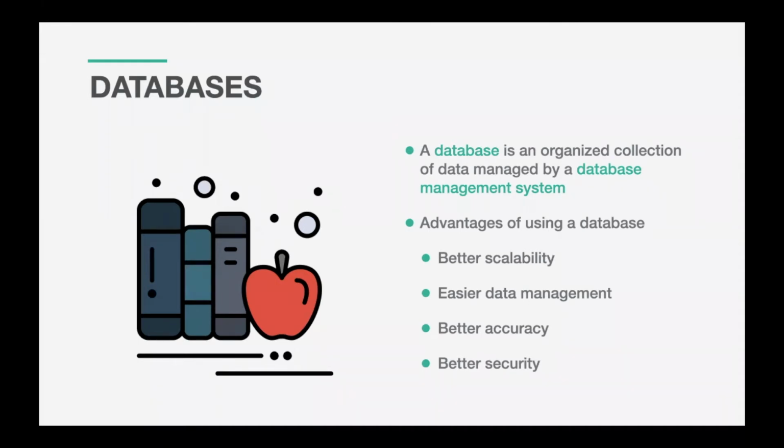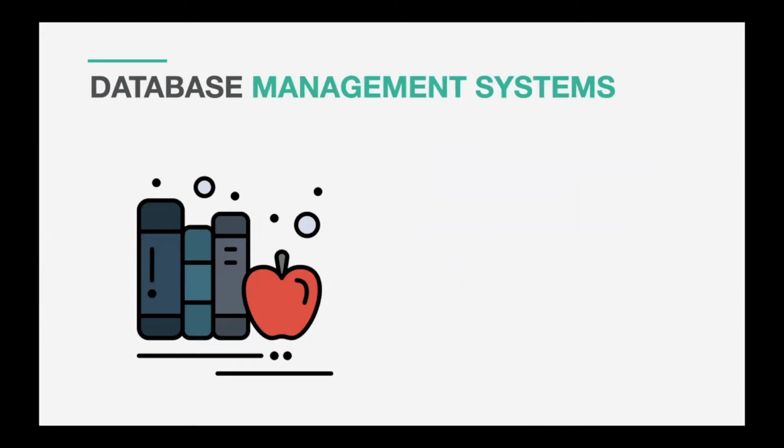With database management systems, you can provide different levels of access, so some people might just be able to read the data while others may be able to change it. The last one is better data integrity. Along with that accuracy, database management systems help make sure that the data follows a certain pattern and is being entered correctly, so we're not worried about having bad data. Those are some advantages of using databases.